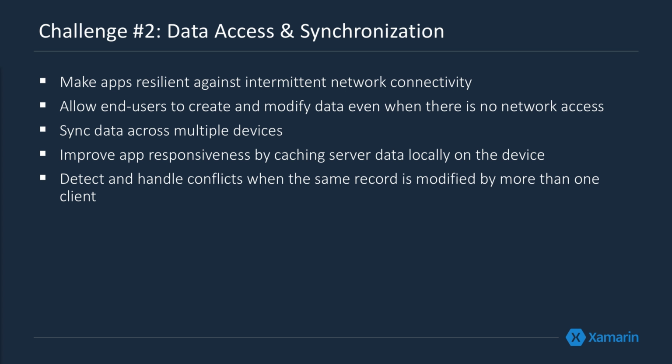Data sync is useful for many other scenarios, whether it's just fighting occasional intermittent network connectivity, or making your data fresh in your app so as not to wait for the internet to show up, or just synchronizing data across devices. All of this is available to you via App Service Data Sync.